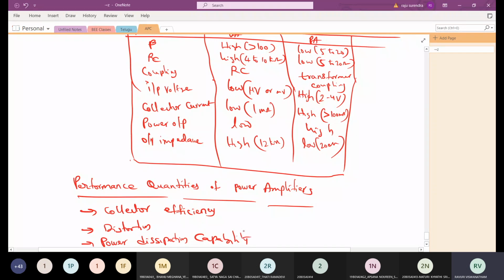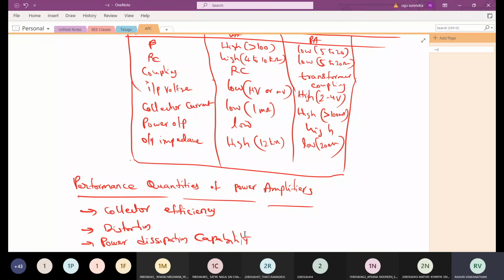First of all, whenever we are talking about the collector efficiency, always we have to get the maximum AC power at the output.